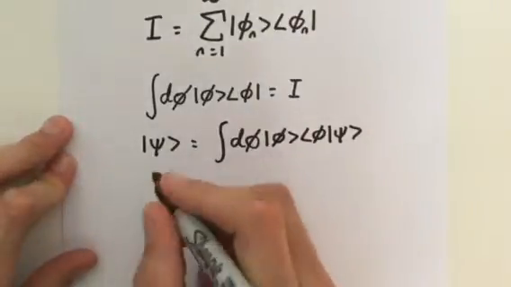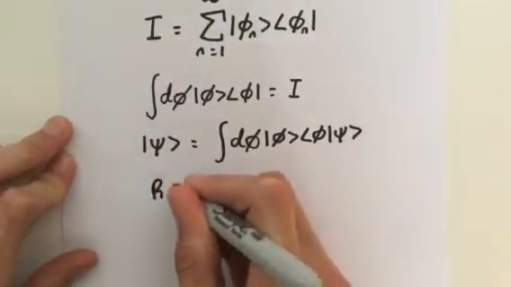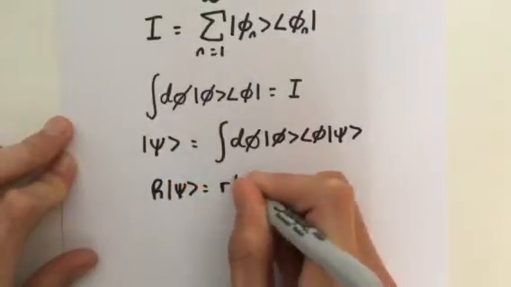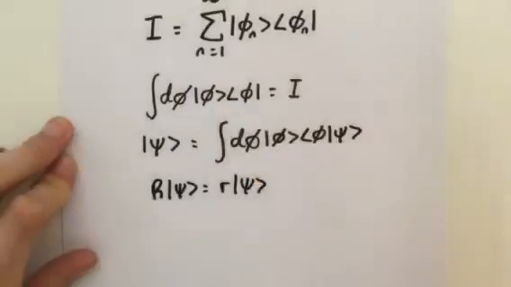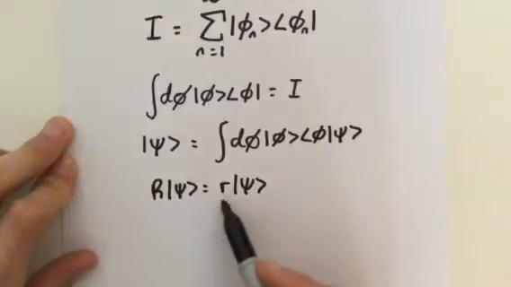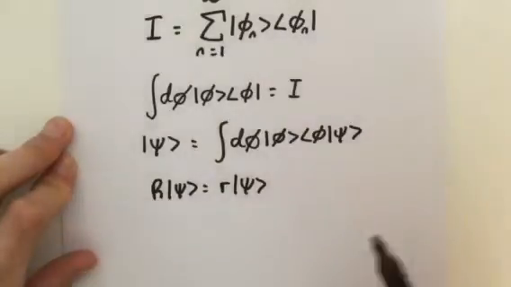We should have R acting on r ket will give you r times r ket. In this equation, applying the position operator R returns the locations lowercase r that a particle may be found at.